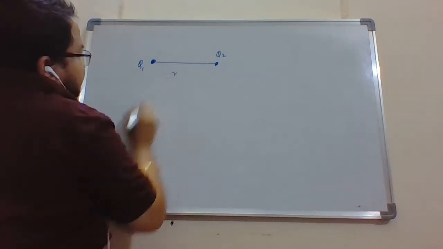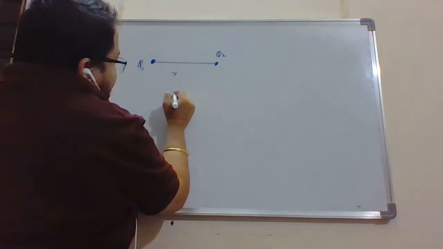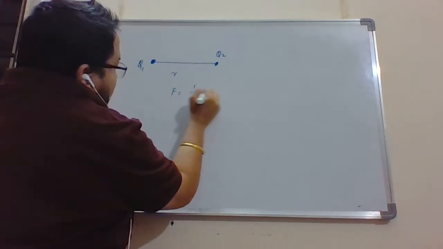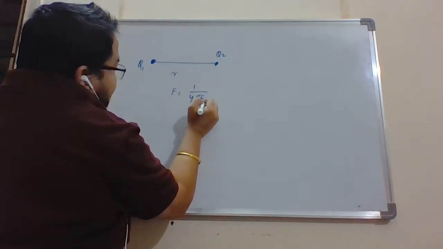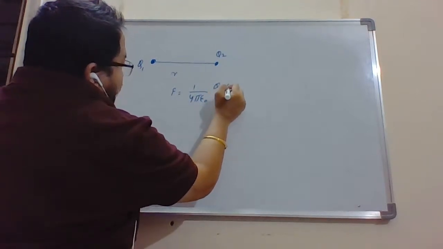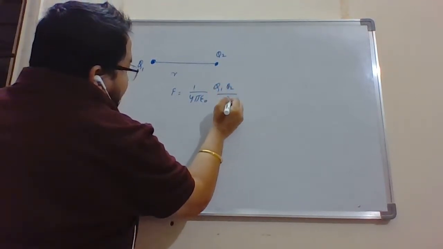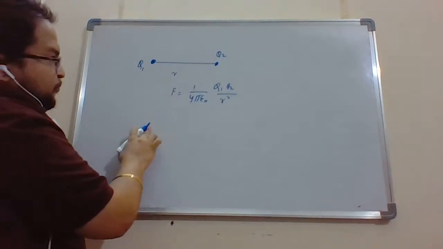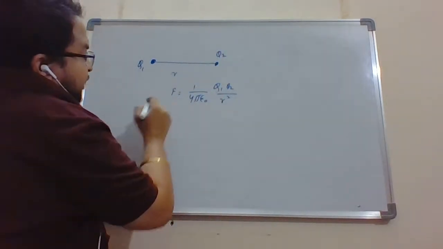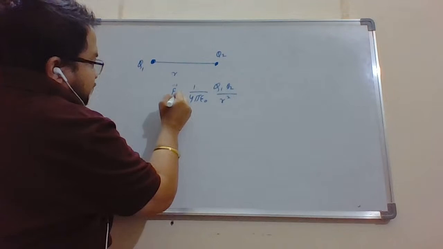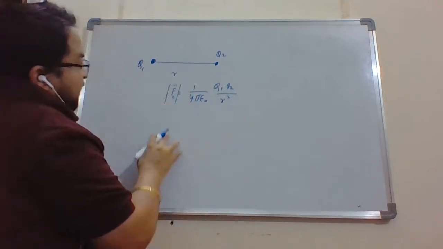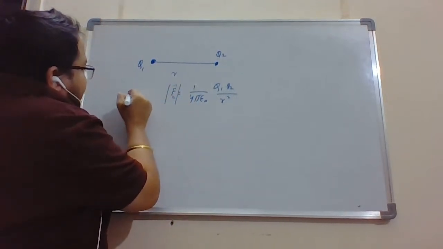If the distance is r, obviously we know the force is 1 by 4 pi epsilon naught Q1 Q2 by r squared. I'm just talking about the magnitude, okay? So the magnitude would be this much, right?